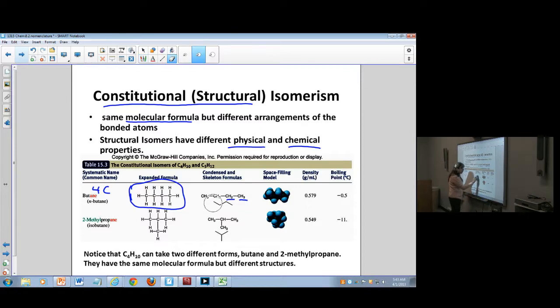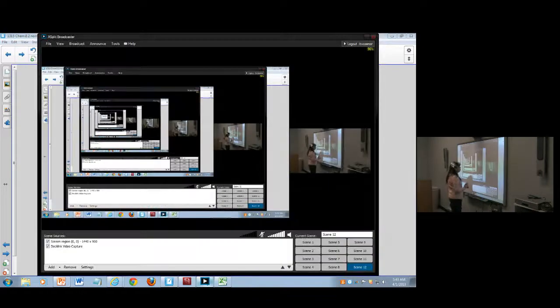And then here's the skeletal formula we looked at, which we're not going to spend a lot of time on. But notice that at every turn you have a carbon and however many hydrogens it takes to give a valid Lewis structure on every carbon.